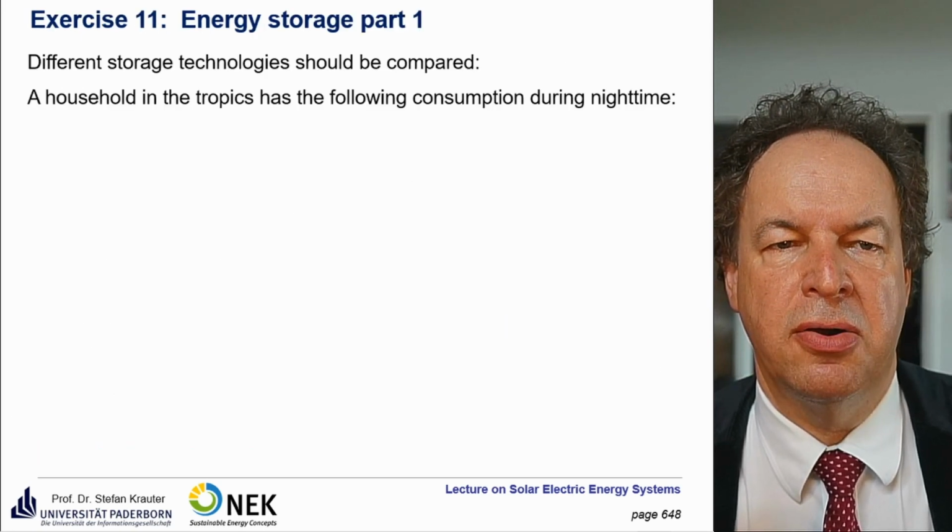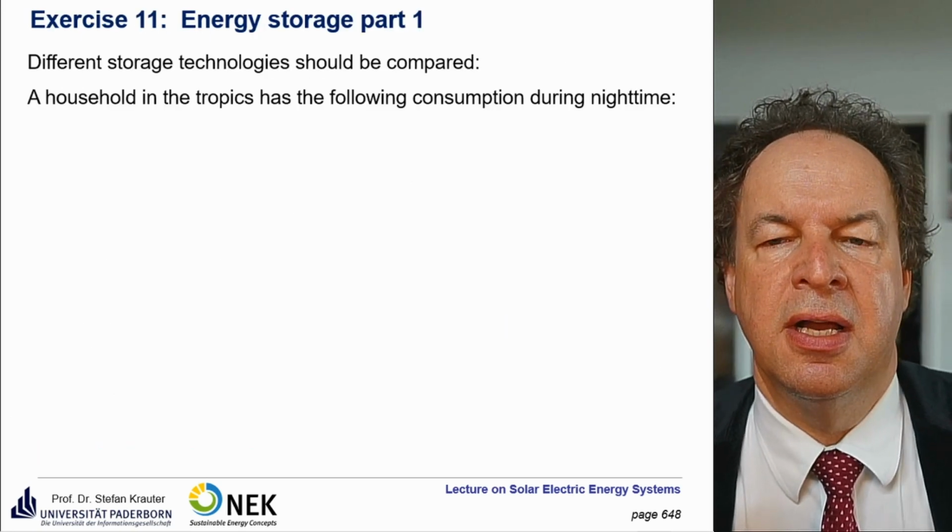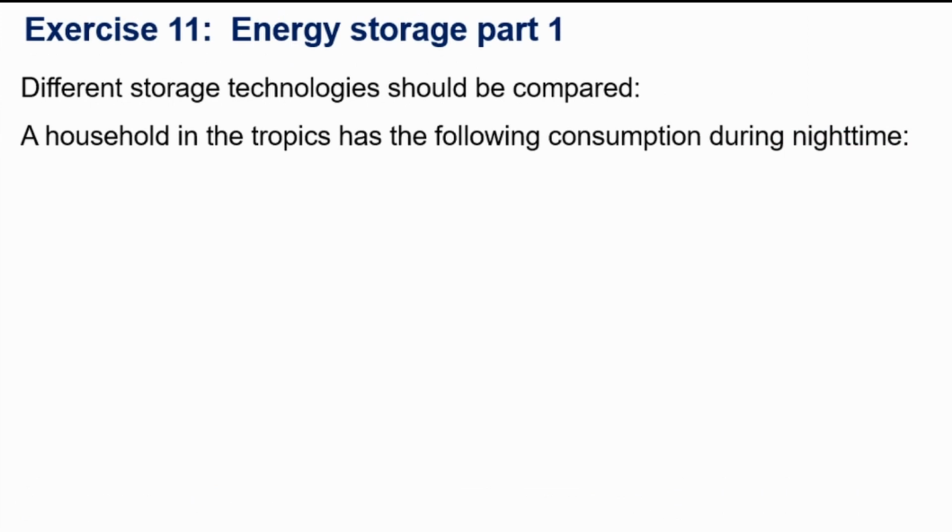There is now just an exercise here, and I will discuss quickly the exercise to be made. Our first exercise is here. You should compare different storage technologies. First, you have a household in the tropics that has the following consumption during nighttime. You have a refrigerator of 50 watts that runs permanently, so 24 hours a day.